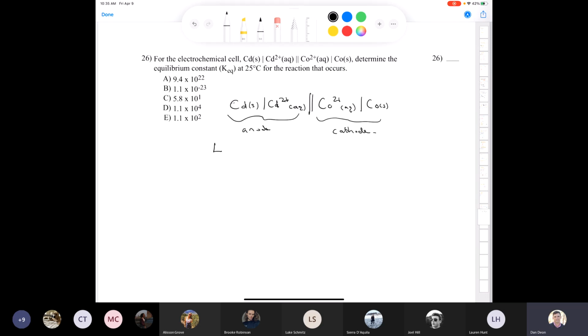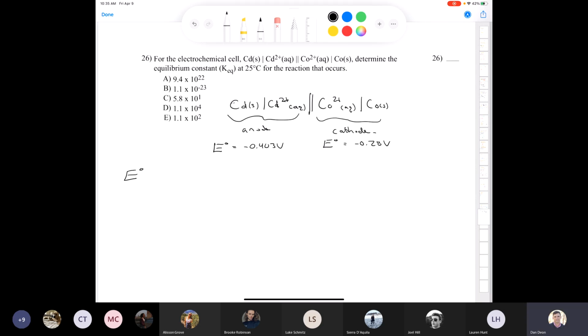Our standard reduction potential for the anode reaction is negative 0.403 volts. For the cathode, the standard reduction potential is negative 0.28 volts.